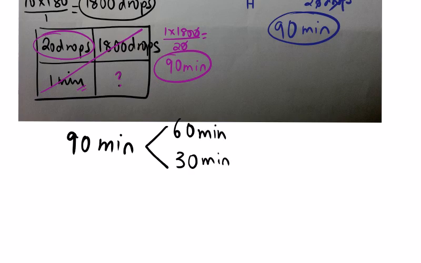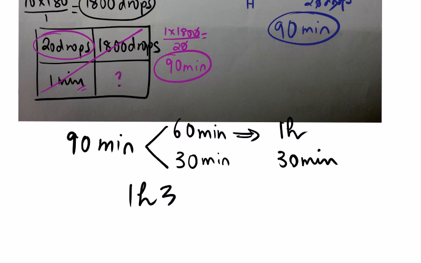Together they make up the 90 minutes. The 60 minutes are an hour and the 30 minutes are there. So final answer, 1 hour and 30 minutes. So this one we don't actually need to do any big calculation. It's just 1 hour and a half, but we need to give this half hour in minutes.